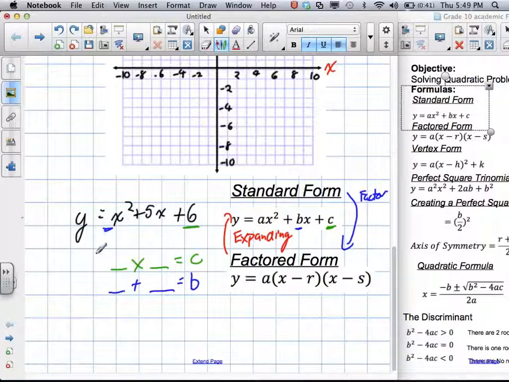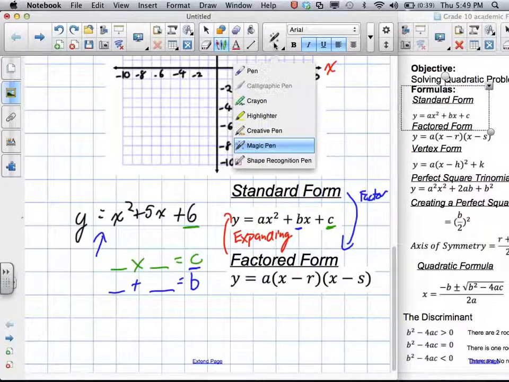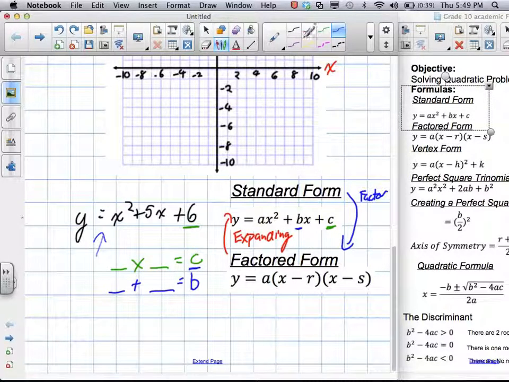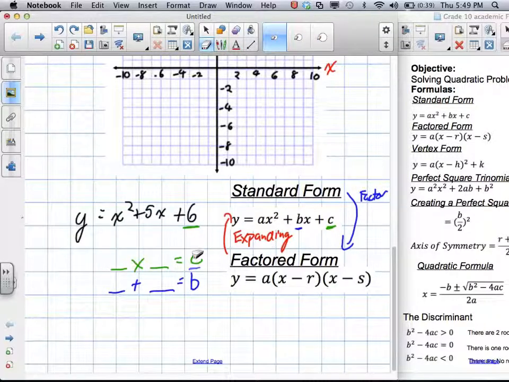The more complex version is, instead of just multiplying to C, we multiply to A times C. Okay, so I'm just going to erase this. What I mean by that is our A value, in this case, is the number 1, and our C value is the number 6. So we call it AC.